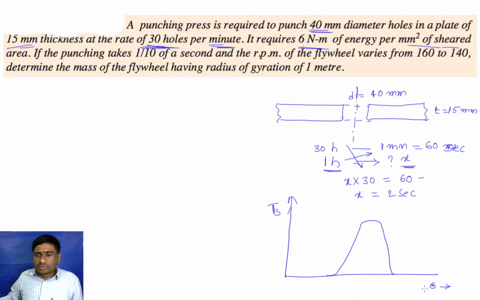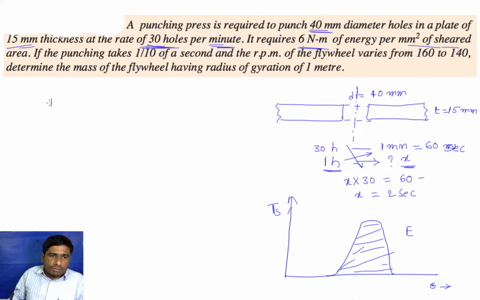He has given the whole energy E. The energy under this area is the energy required to make a hole. So that is given as 6 joules per mm square of sheared area.